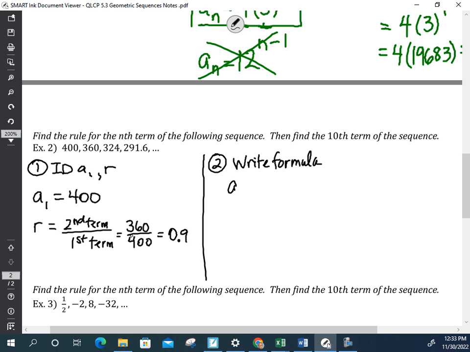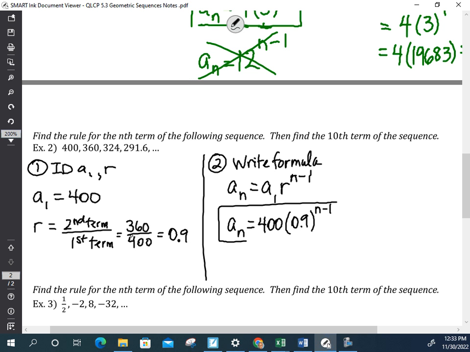So there's the basic formula. A sub n equals 400 times 0.9 raised to the n minus 1 power, which, once again, that's it. There's no other simplifying necessary after you do that step.